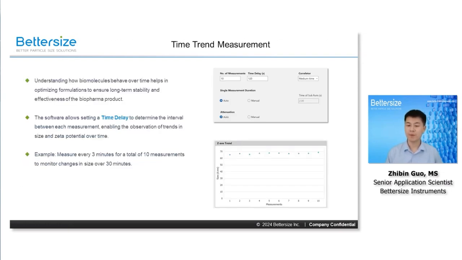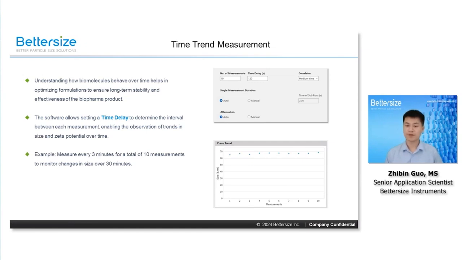The BeNano software offers the flexibility to set a time delay, which allows users to specify the interval between each measurement of the instrument. This functionality enables the detailed observation of trends in both particle size and zeta potential over time, providing insights into the dynamic behavior of the sample.